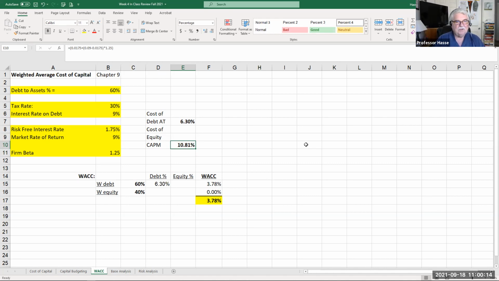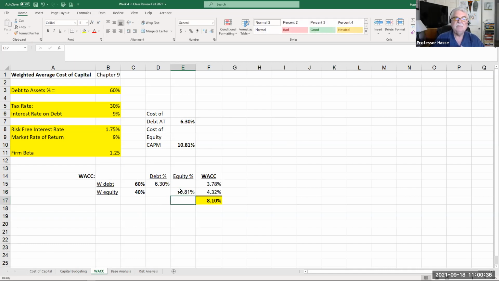So in other words, our cost of equity is the 1.75% risk-free rate plus our market risk premium, which is 9% minus 1.75%, times the beta, 1.25, and we get 10.81%. That's our cost of equity. Put that down and weight it by 40%.